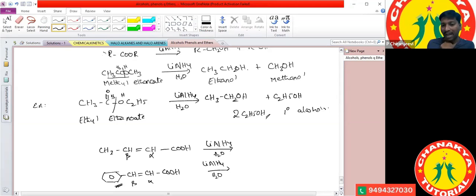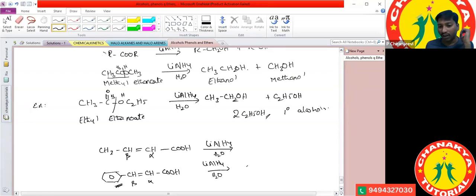Once again, I'm repeating the statement: when unsaturated carboxylic acids contain a beta phenyl group, that means a benzene ring at the beta position, it reduces the unsaturated site as well as the carboxylic acid.